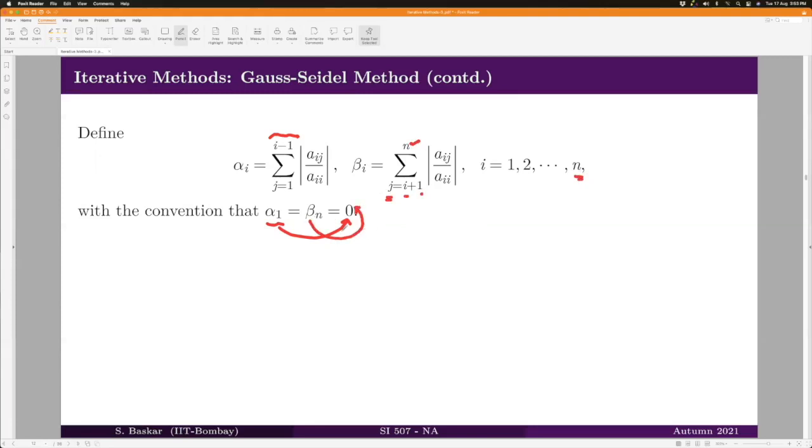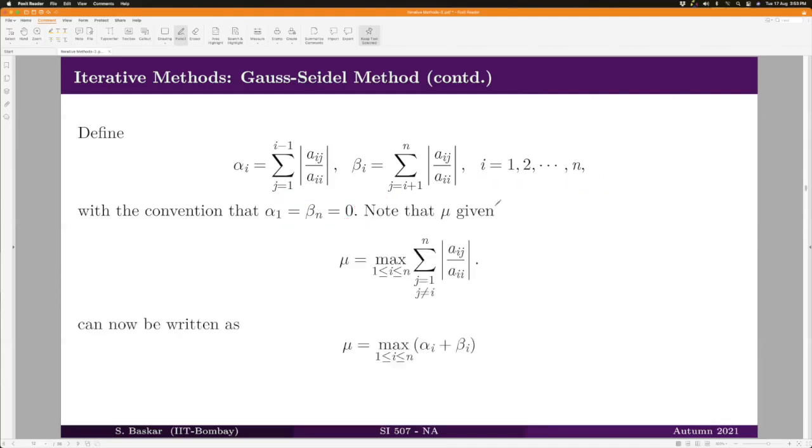With this nomenclature, you can take these notations for i equal to 1 to n. Just to recall, in the case of the Jacobi method, we had defined a similar coefficient as mu, and that was given by the maximum of all such i's. Now the same mu in our present case is defined like this.